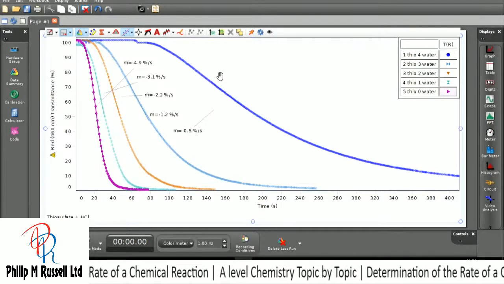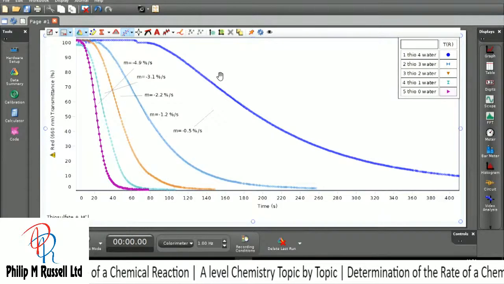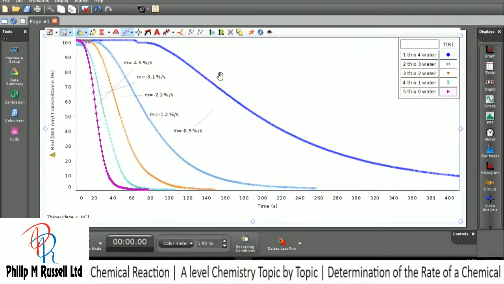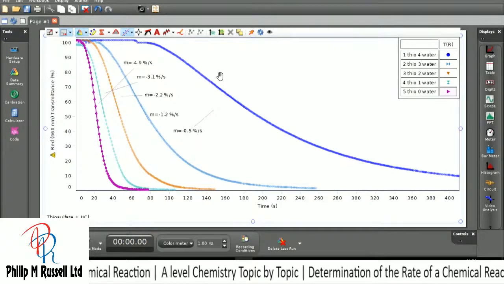When I had 2 units of thiosulfate in my 5 in the cuvette, then basically we're looking at a number 1.2.